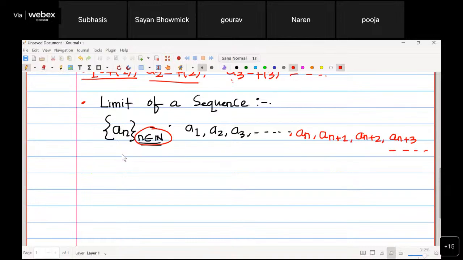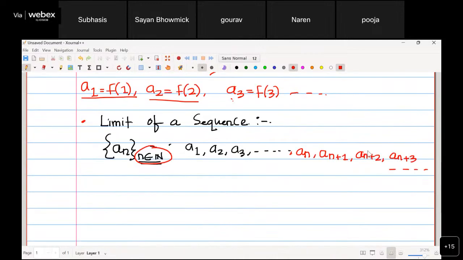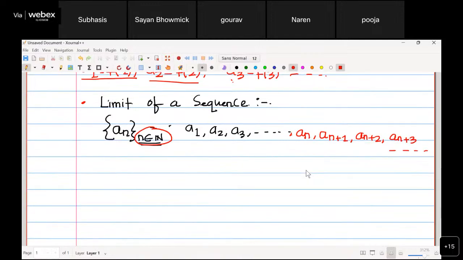That is the main idea: you have a function from N to R, and this N has no limit. That's why the sequence has no limit. In some sense, you can think of the sequence as a list of numbers in some particular order.